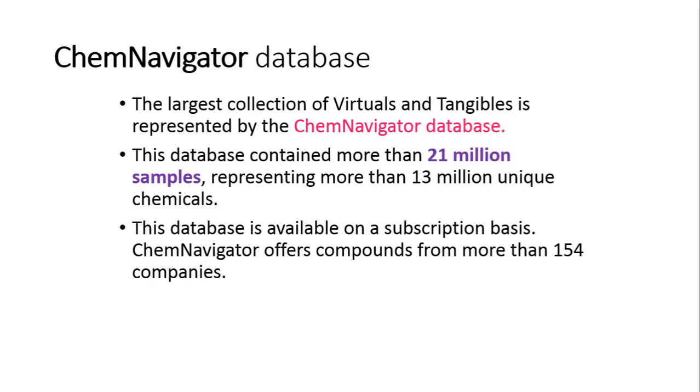So this is a very big resource for virtuals and tangibles. This database is available on a subscription basis. Chem Navigator offers compounds from more than 154 companies, from which you can later on order them. Since it is available on a subscription basis, you would have to pay some money to the Chem Navigator database curators.